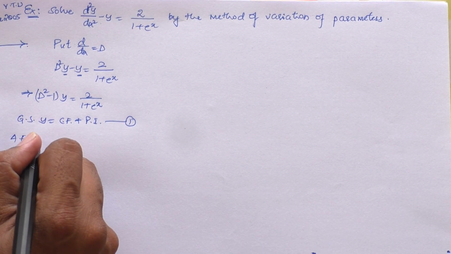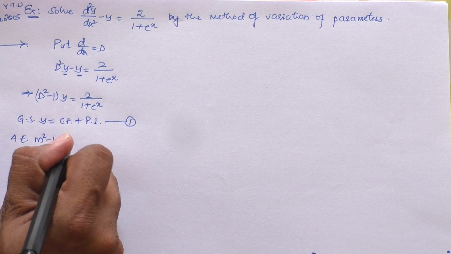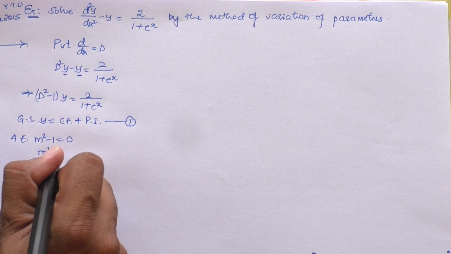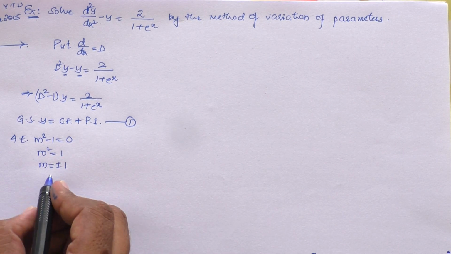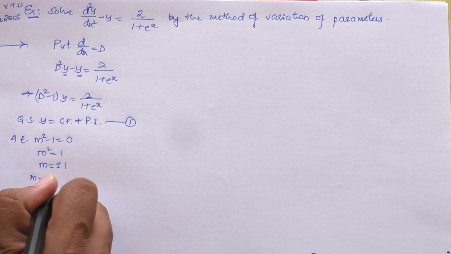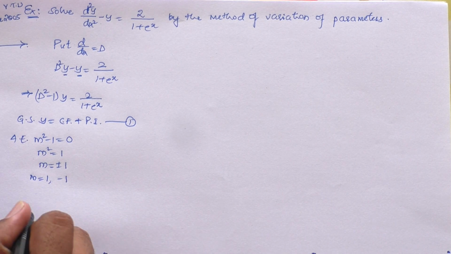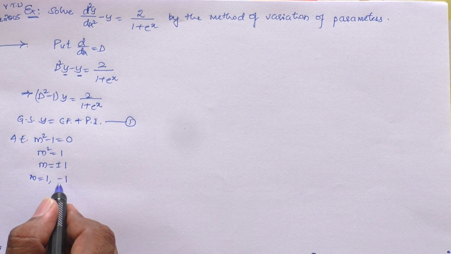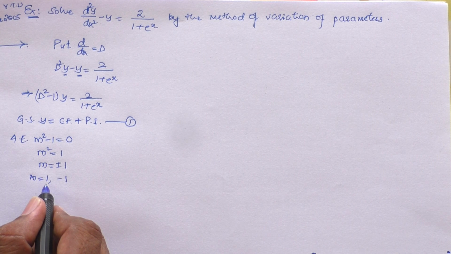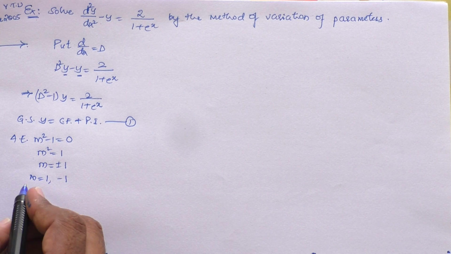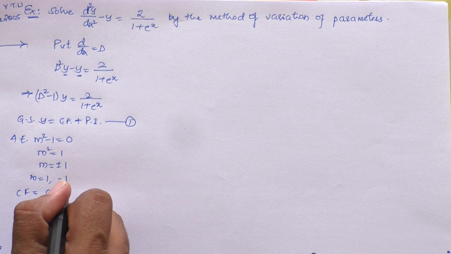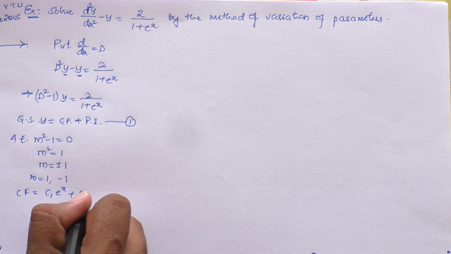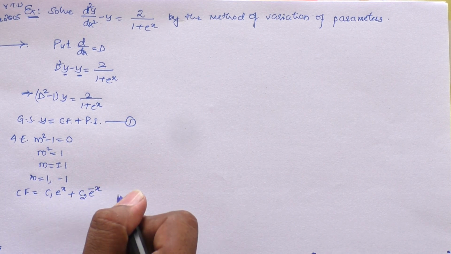The auxiliary equation is m square minus 1 equal to 0. So m square equal to 1, m equal to plus or minus 1. So the m values are 1 and minus 1. Once you get the roots, check whether they are equal or not. Now 1 and minus 1 are not equal, so CF is C1 e raised to x plus C2 e raised to minus x.